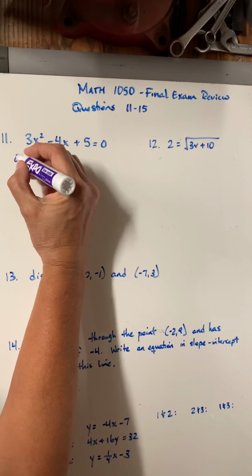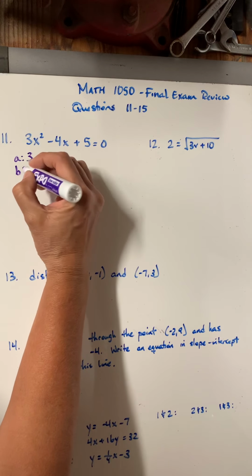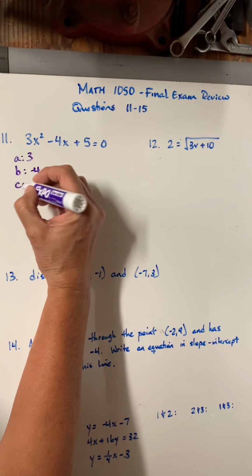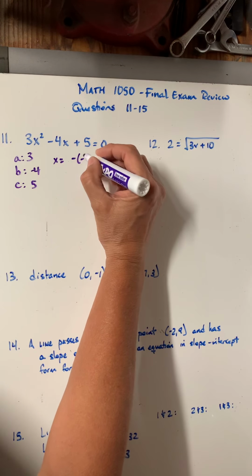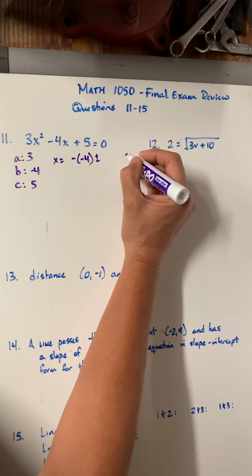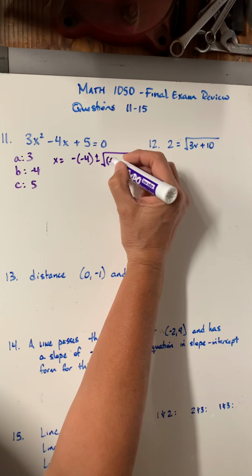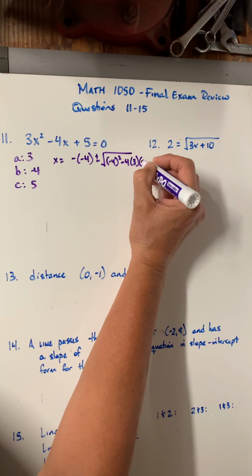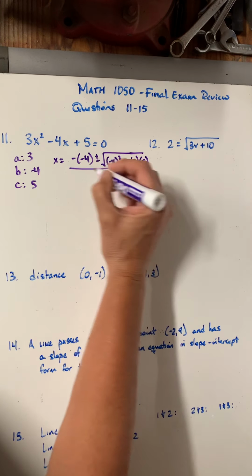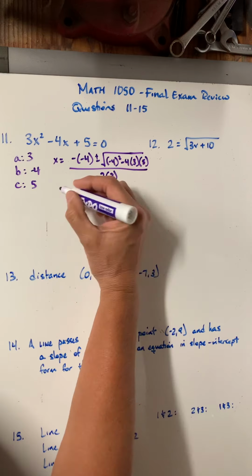So if my a here is 3, my b is -4, my c is 5, I would do x equals -4 plus or minus the square root of -4 squared minus 4 times 3 times 5 all over 2 times 3.